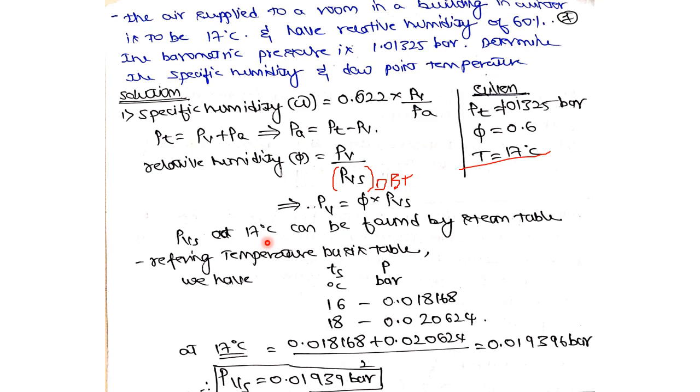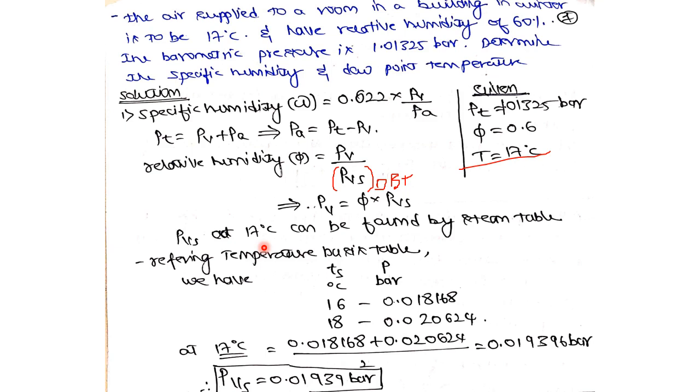In the temperature basis steam table, you have to look for 17 degrees Celsius, which is your DBT, and note down the corresponding value of saturation pressure, which is your PVS. That value, given exactly beside it, is your PVS. So PVS is always calculated at DBT.